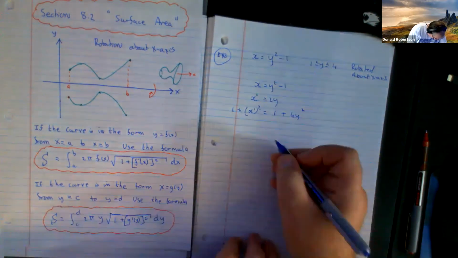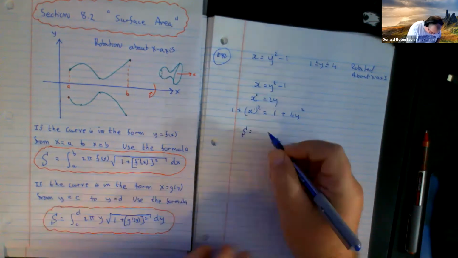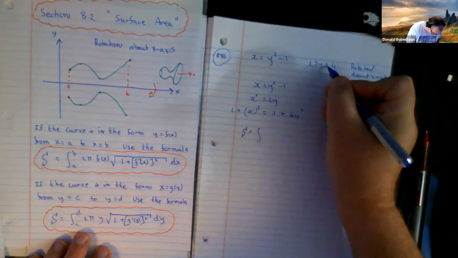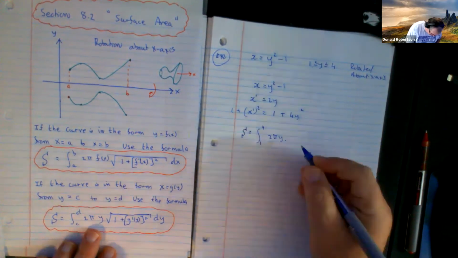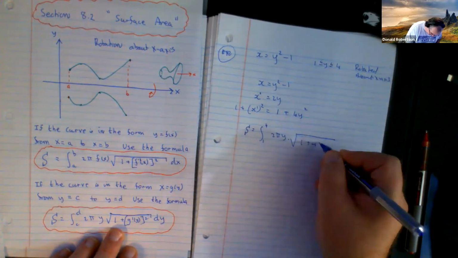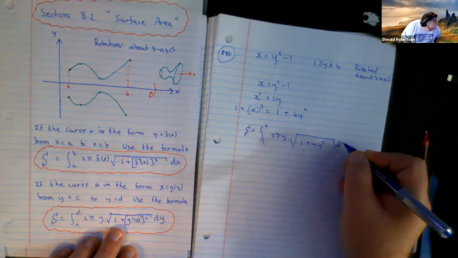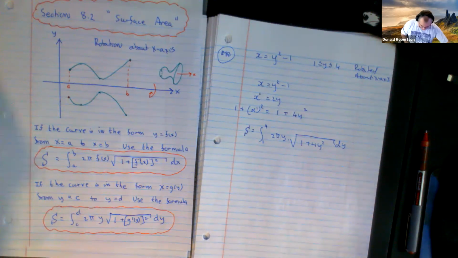And now I'm going to get the surface area. It's the integral from 1 to 4 of 2 pi y, the square root of 1 plus 4y squared dy. So far, so good.